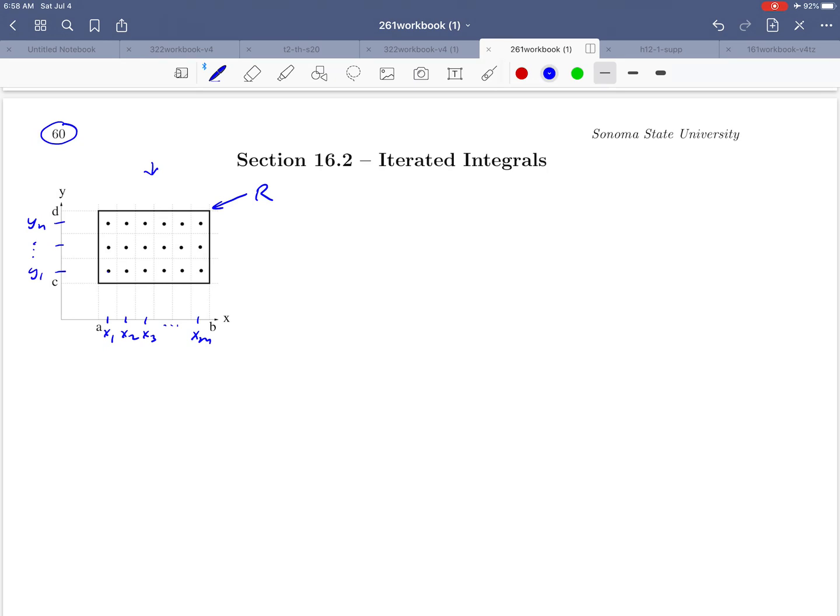And we had a way of approximating the integral, which looked like this.